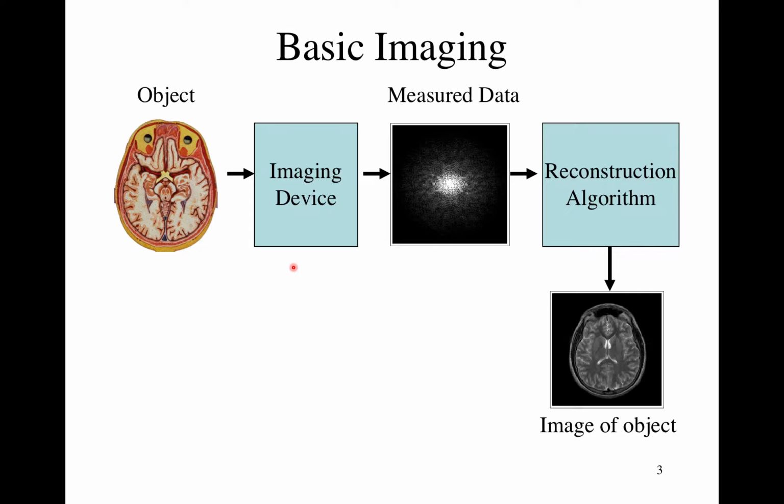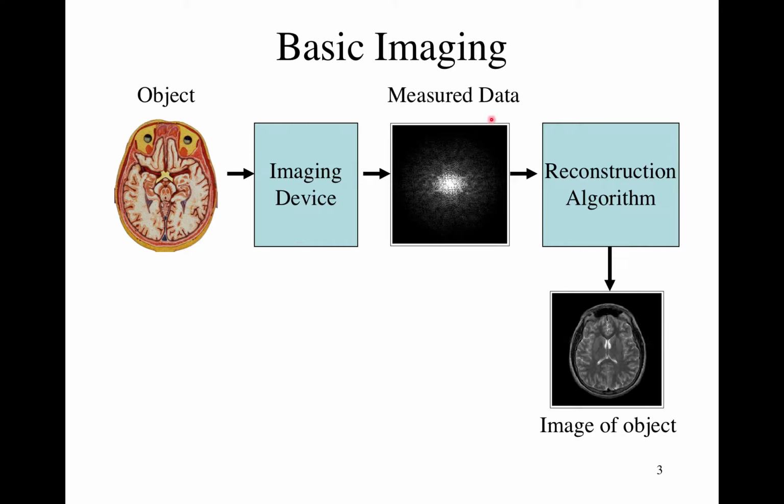In X-ray, it measures the attenuation of X-rays that you shoot through the object. You shine them through and look at the shadow. In MR, we're going to actually create signal from the object. Turns out from the protons in the object, we're going to get radio signals out and make a picture of that. And so that's the imaging device. It causes that signal that we measure.